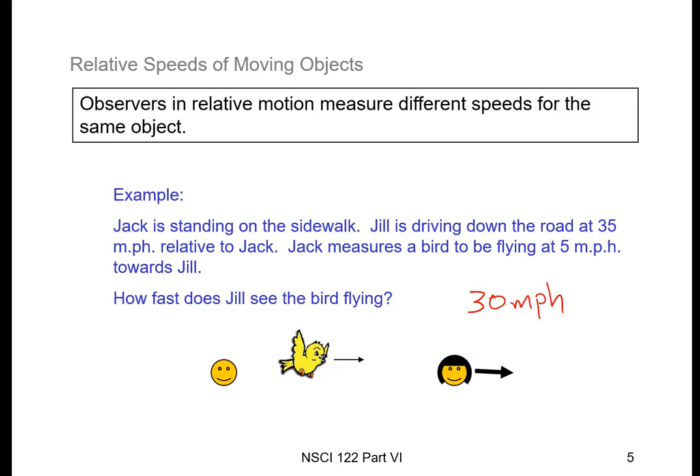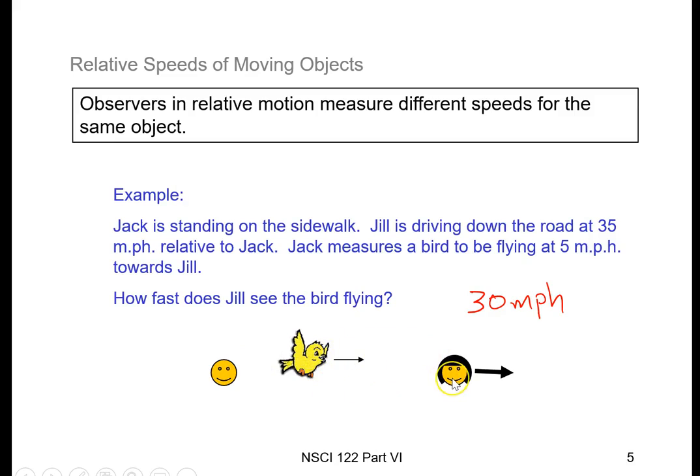Okay? But here's, I don't know if it's the weird thing, but an interesting thing. Notice, though, that since Jill is traveling faster than the bird, the distance between Jill and the bird is getting bigger and bigger and bigger. So Jill looks in the rearview mirror. It's going to look like the bird is going to the left. Jill's going to see the distance between them getting larger and larger.